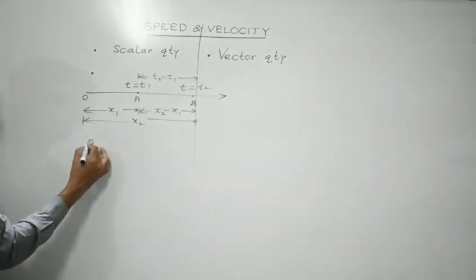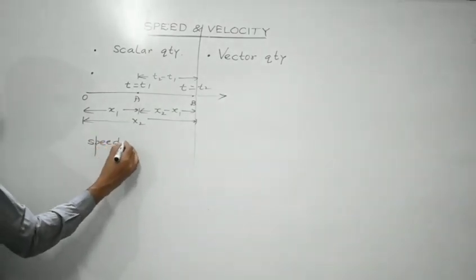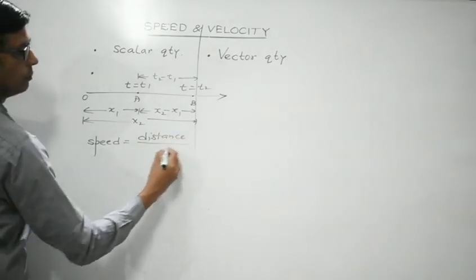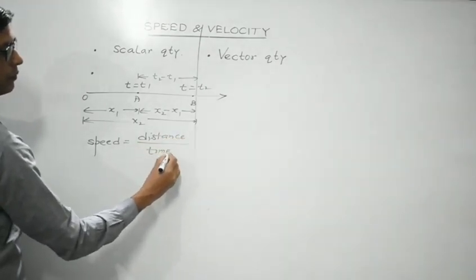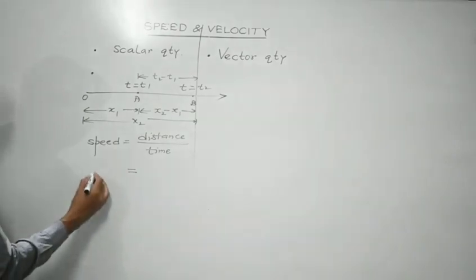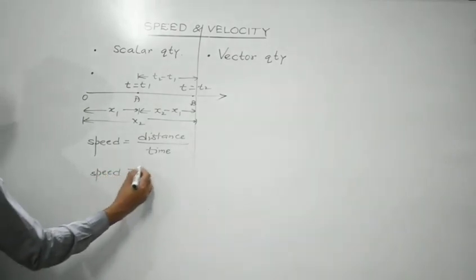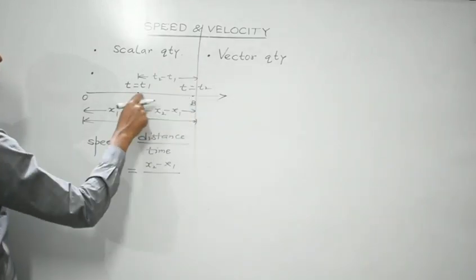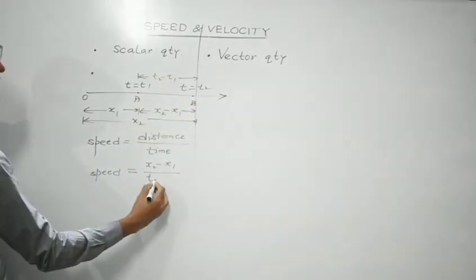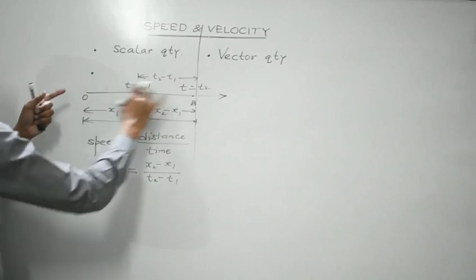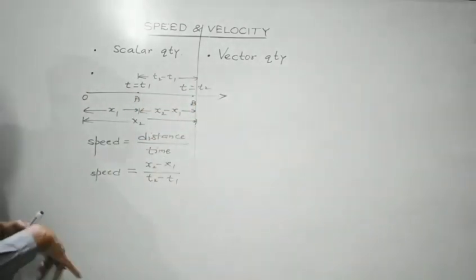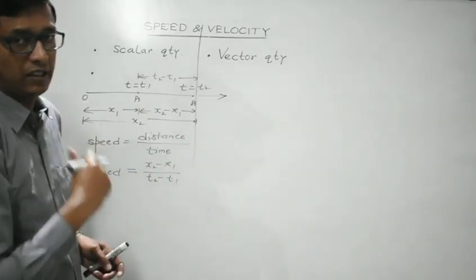So speed is given by the distance covered by the body per unit time. Mathematically, this is x2 minus x1, the length of the path covered by the body in time t2 minus t1. So considering this example, we can write speed as total distance covered divided by total time taken, right?